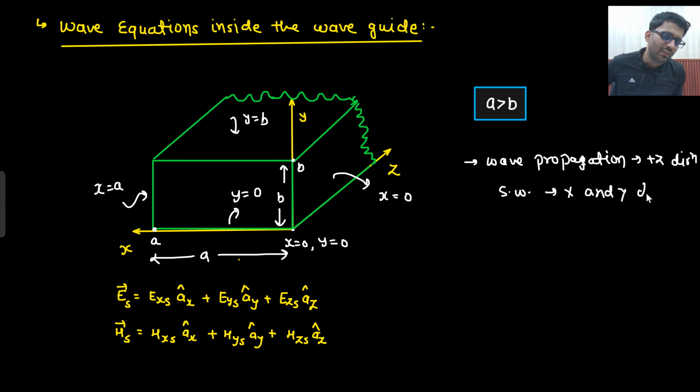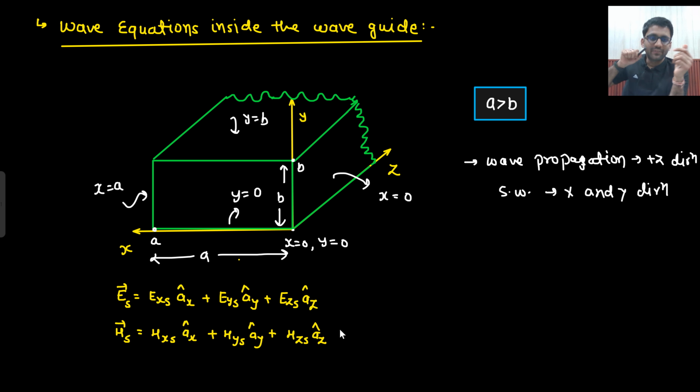So E_zs would have been 0 in open space, but now it is traveling in a waveguide, so E_zs is not equal to 0. Neither E_xs, nor E_ys, nor E_zs would be 0, and neither H_xs, H_ys, nor H_zs would be 0. So none of them will be 0.